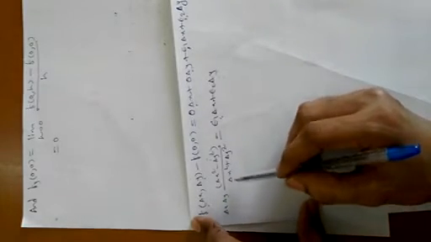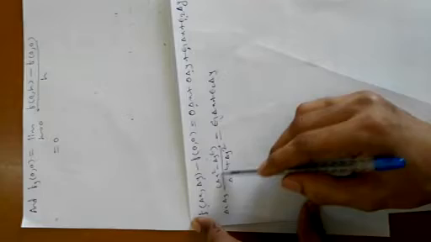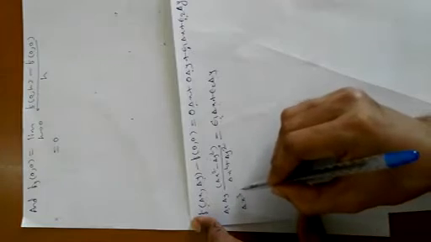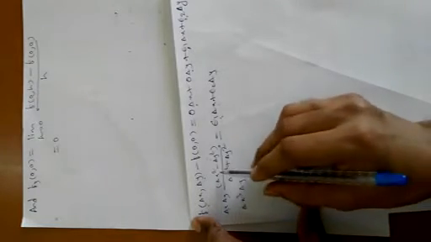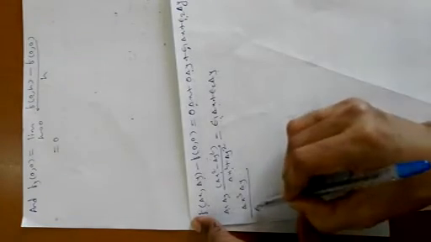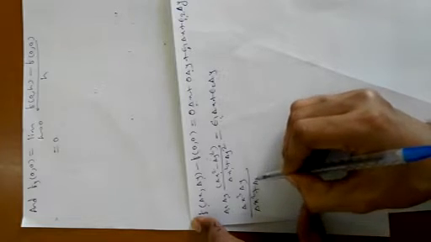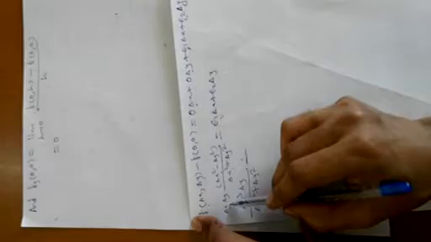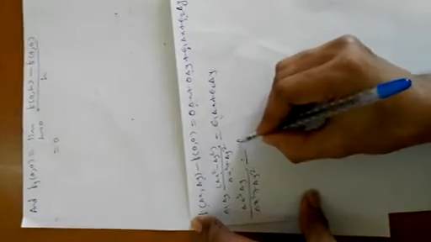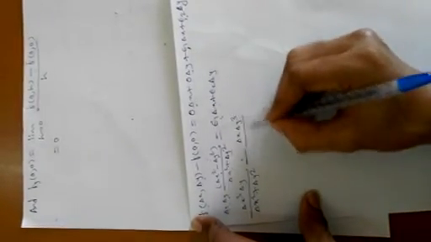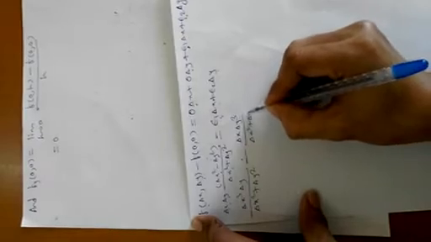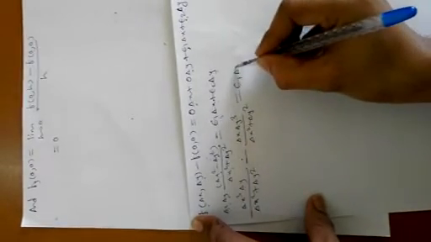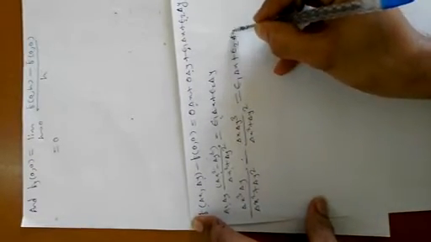Yes, we can do this by separating the denominator. First we multiply delta x cube into delta y upon delta x square plus delta y square, then minus delta x delta y cube upon delta x square plus delta y square, is equal to epsilon 1 delta x plus epsilon 2 delta y.